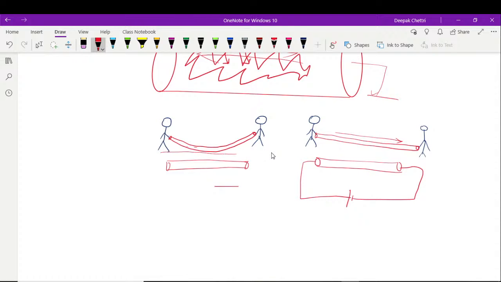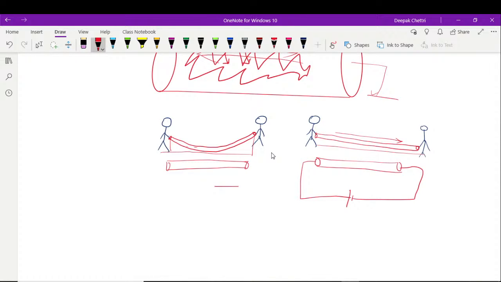But when you tilt the pipe, because of the force of gravity, the water is forced to come down. So gravity is creating a potential difference. In the same way, a battery is used to create a potential difference so that the electron moves in a fixed direction.